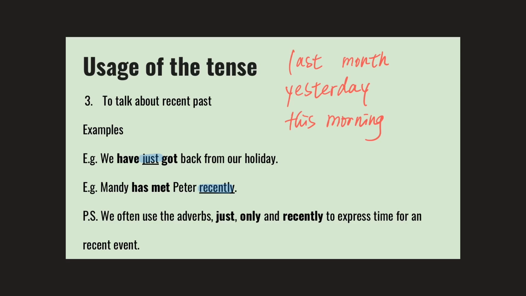So when we are seeing these time indicators, last something, yesterday, and this something, we are using past tense. Otherwise, if we are describing a recent event and it is paired with just, recently, and only, we can consider using present perfect tense.